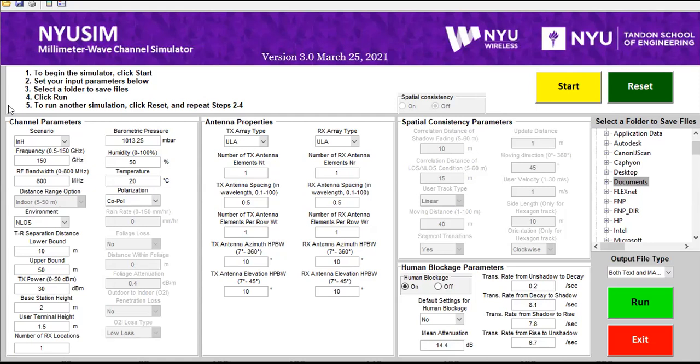Then it shows the PDP, and this is most important for us. And finally it shows a figure which gives you the path loss with distance, how the path loss is increasing. That should have a straight line profile.